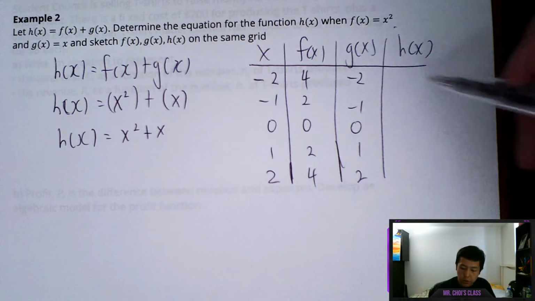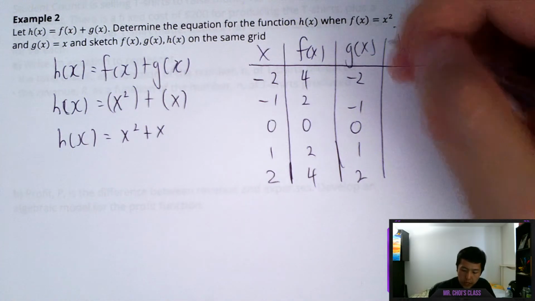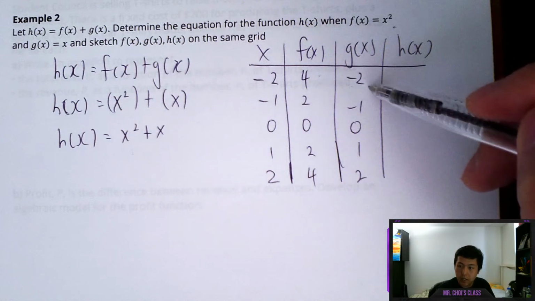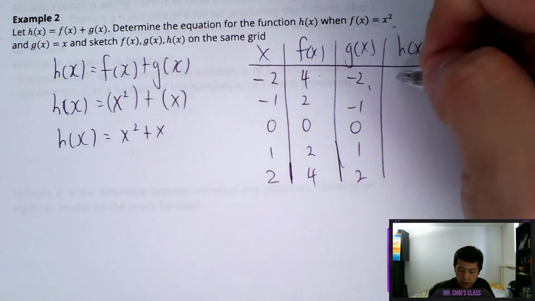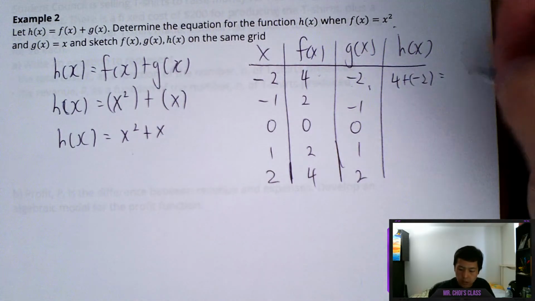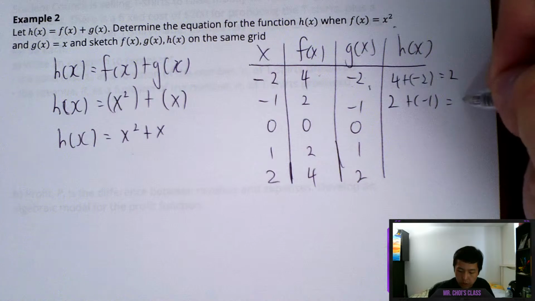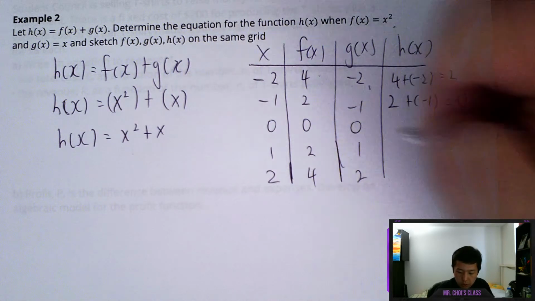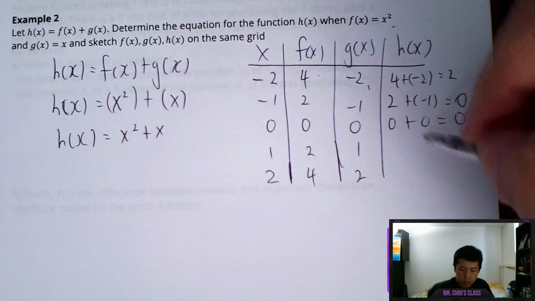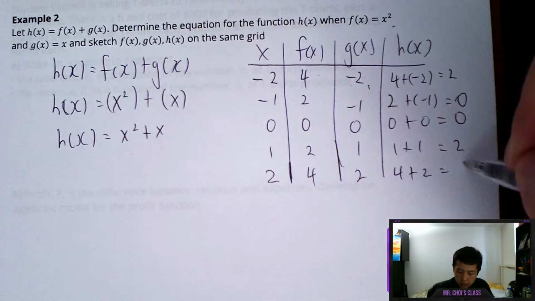And then for h of x, we have x squared plus x, so we can just add these two values. 4 plus -2 is going to give me 2, and then 1 plus -1 is going to give me 0. Then 0 plus 0 is going to give me 0. 1 plus 1 is 2. 4 plus 2 is 6.